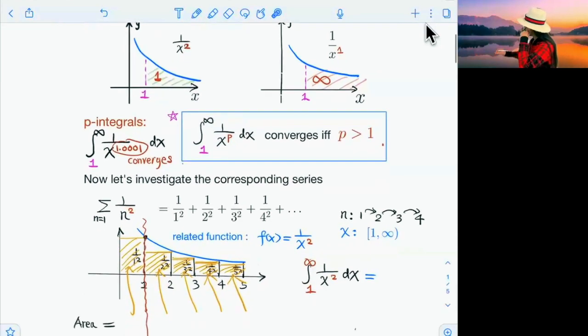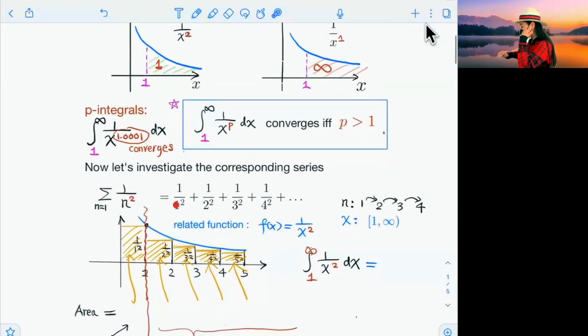If you want to get a feel of how this series looks, you substitute n, starting from the first index and then keep on adding 1 to the index. So it'll be 1 over 1 squared plus 1 over 2 squared plus 1 over 3 squared, etc.